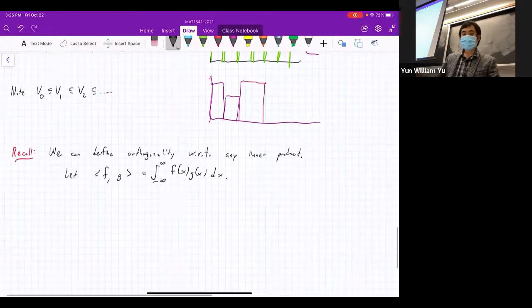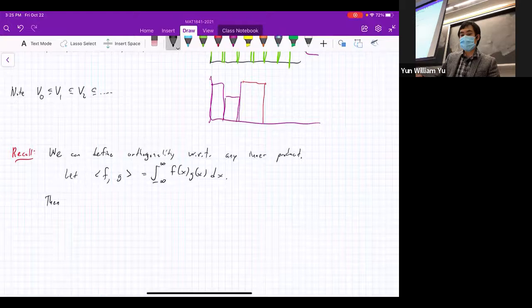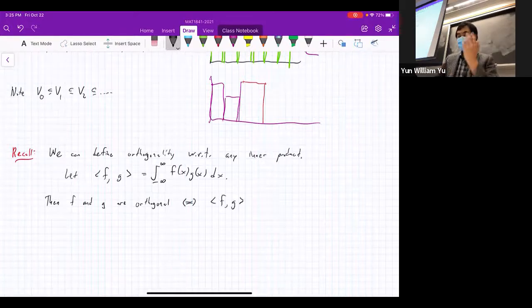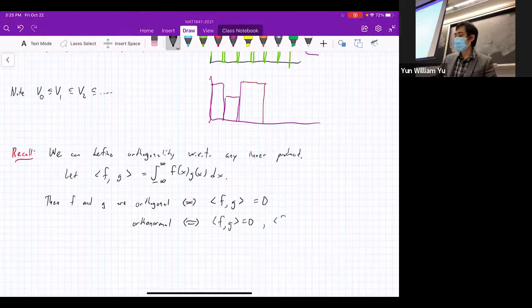You can just think of it as a dot product. I mean, it basically is a dot product. Then f and g are orthogonal if the inner product of f and g is equal to 0, and they're orthonormal if they're orthogonal and the inner product of f with itself is equal to 1, and the inner product of g with itself is equal to 1.